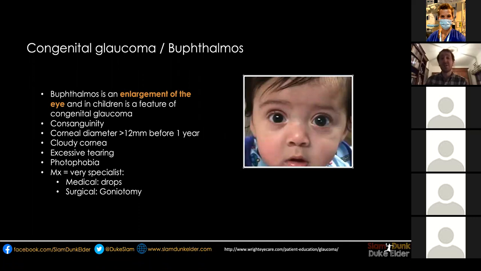You see other things such as a cloudy cornea here, excessive tearing, that's quite a key feature of this, and photophobia. The management... we require treatment on a newborn child. Think congenital glaucoma.